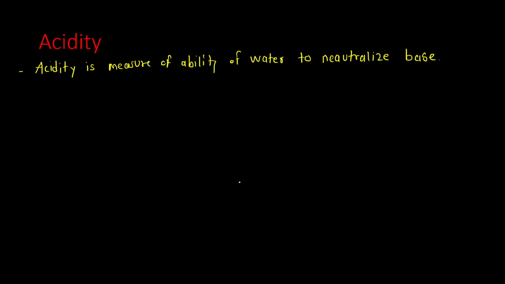Okay, so there are two types of acidity. One is called mineral acidity, and the second one is called carbonic acidity, or carbon dioxide acidity.